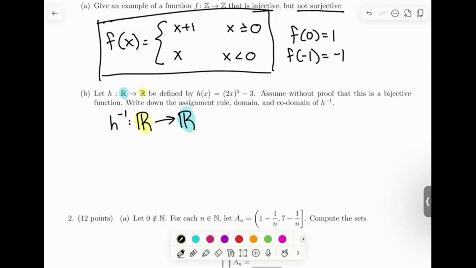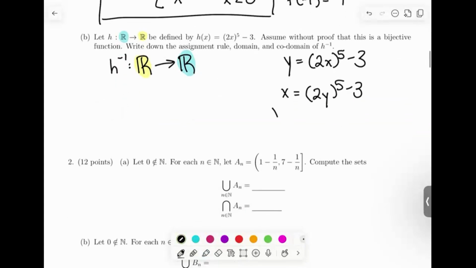Now we just need to figure out the assignment rule. There are a lot of different ways you could do it, but we could do this thing that maybe you learned in calculus, where you take this and flip-flop the x and the y, and then solve for y. So I add 3 onto the other side, so x plus 3 equals 2y to the 5th.